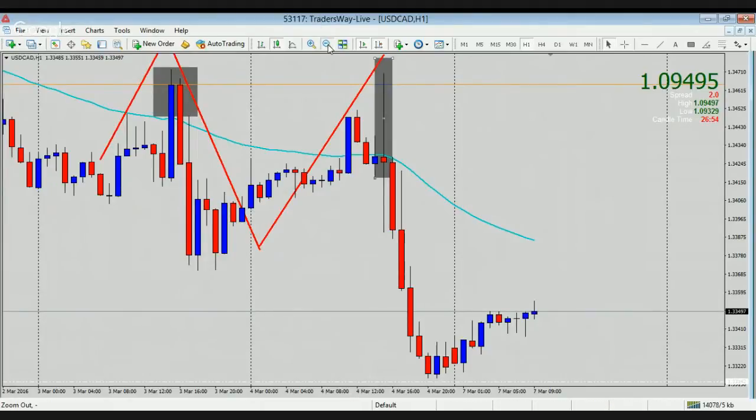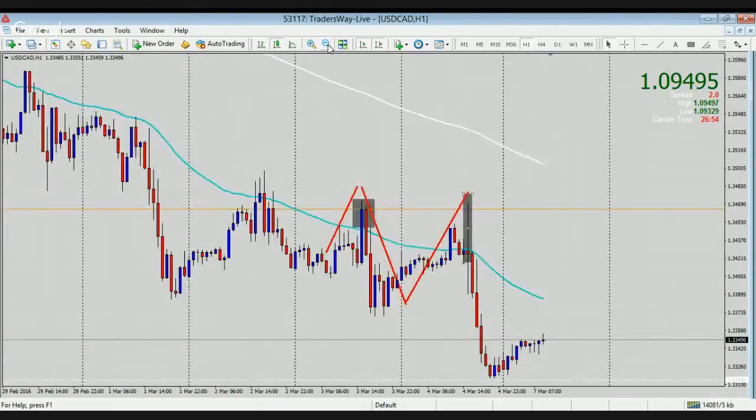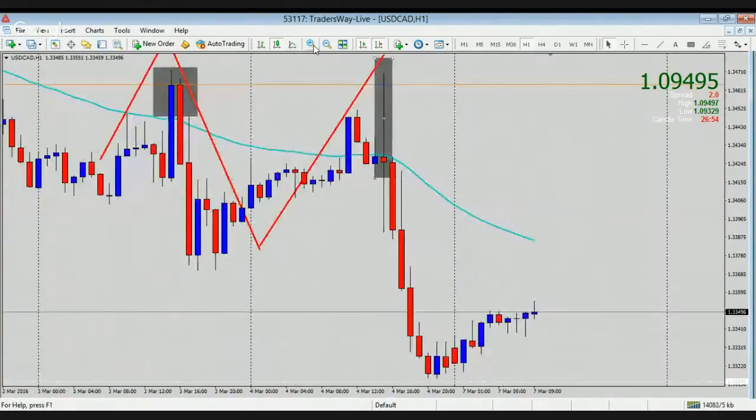Okay. Now, where exactly would you get out of this trade? Okay, so you enter off the engulfing candle close. So once this engulfing candle closes, it confirms the M formation. Then you enter the trade after this candle closes, which means the open of the next candle. You take the trade.